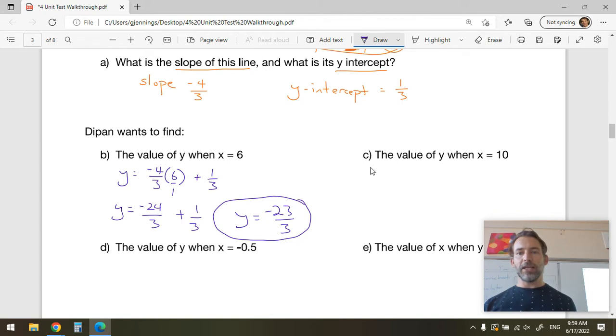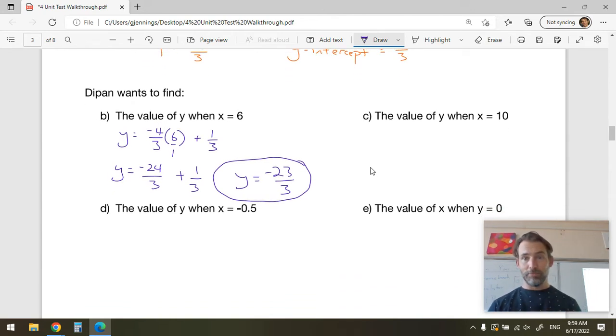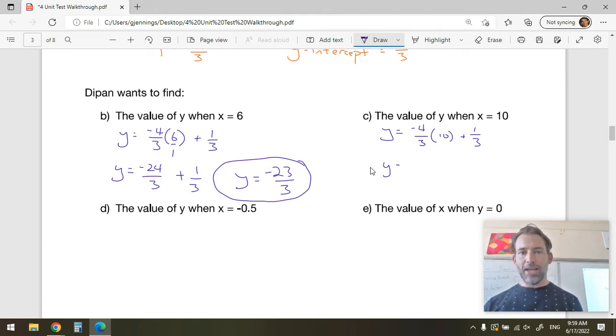Now, what about y when x is 10? Let's take a look at this one. So here we have y is equal to -4/3 multiplied by 10 plus 1/3. 10 times -4, well, that'll be -40. Y is equal to -40/3 plus 1/3.